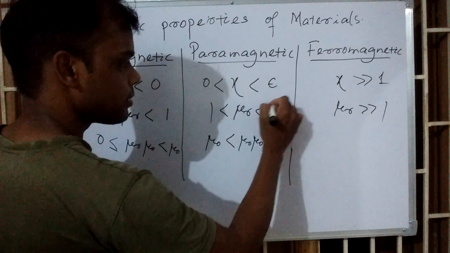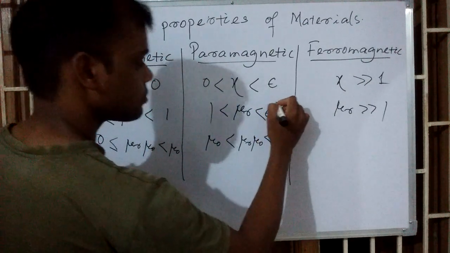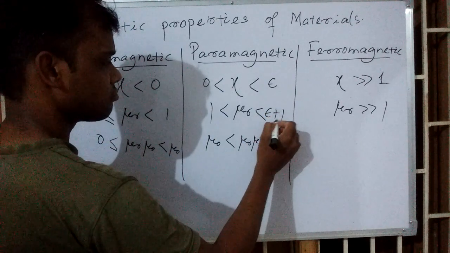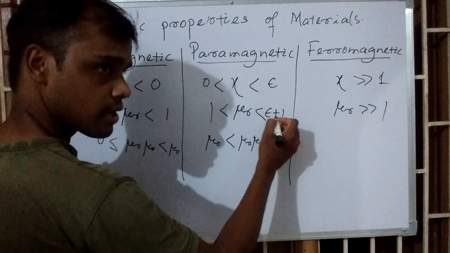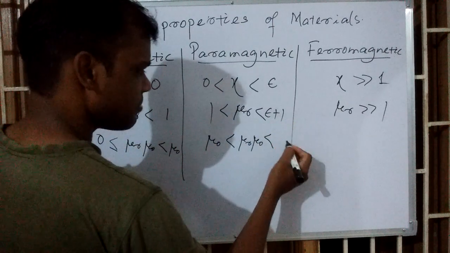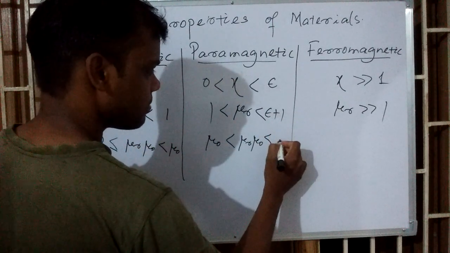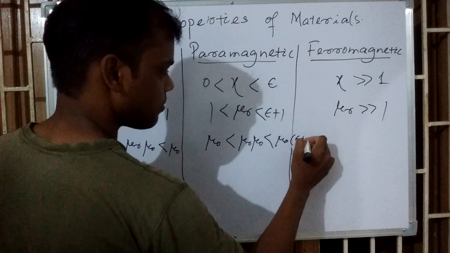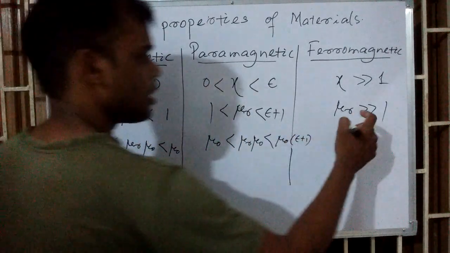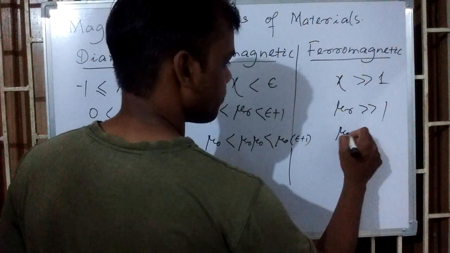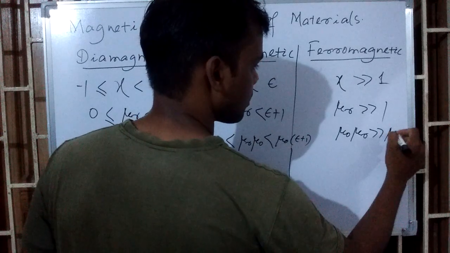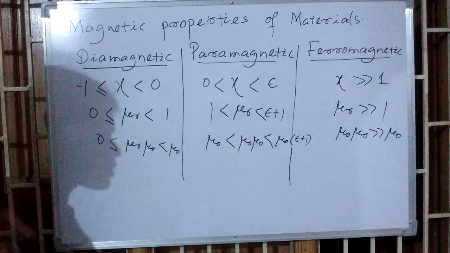If you multiply here mu naught, it is greater than 1, of course. So just multiply it. Okay, no problem. Just multiply here mu naught, epsilon plus 1. Now here also mu naught mu r greater than mu naught. Very simple.